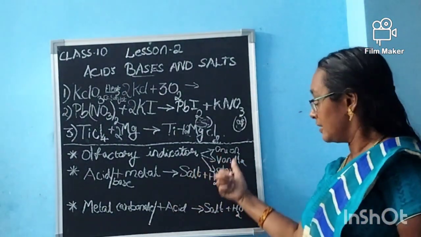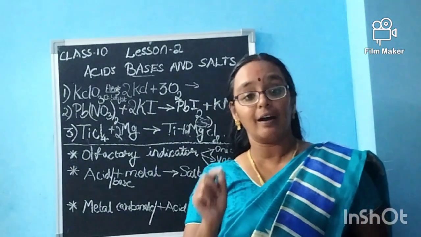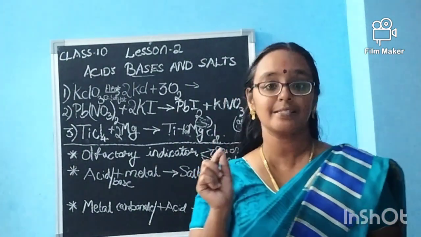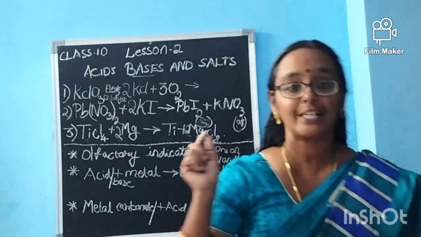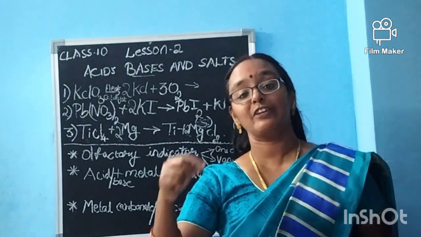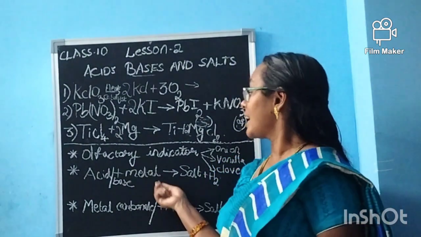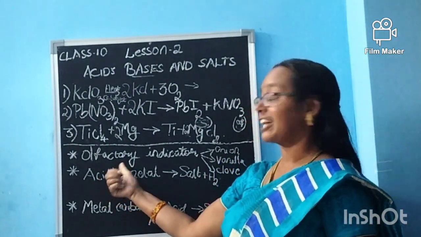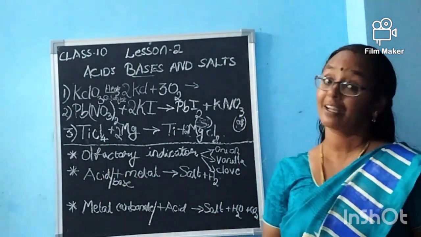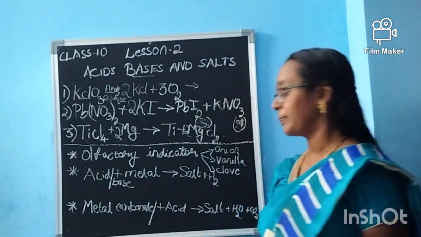In these 3 cases, if you keep the cloth in acid solution, the smell remains the same, and in base solution, the smell disappears. This kind of indicator is called an olfactory indicator.